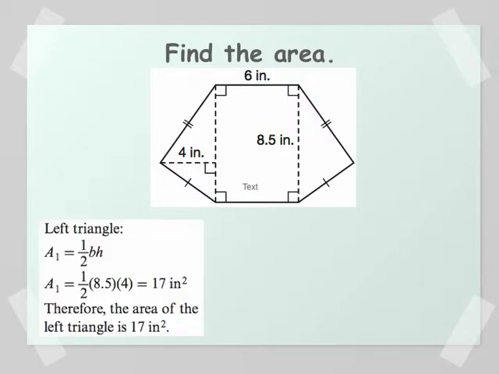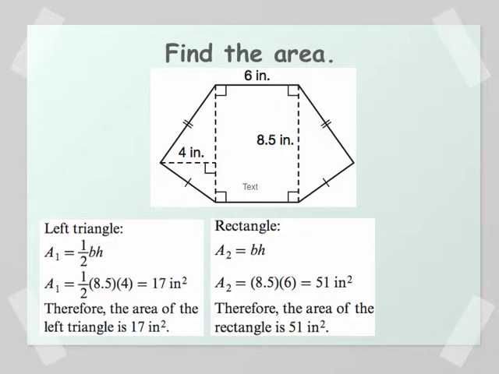Let's start with the triangle on the left. Using the formula half of the base times the height, recognizing that the base is 8.5 inches, the area is 17 square inches. In the rectangle in the middle, we're going to use base times height, and the area is 51 square inches.